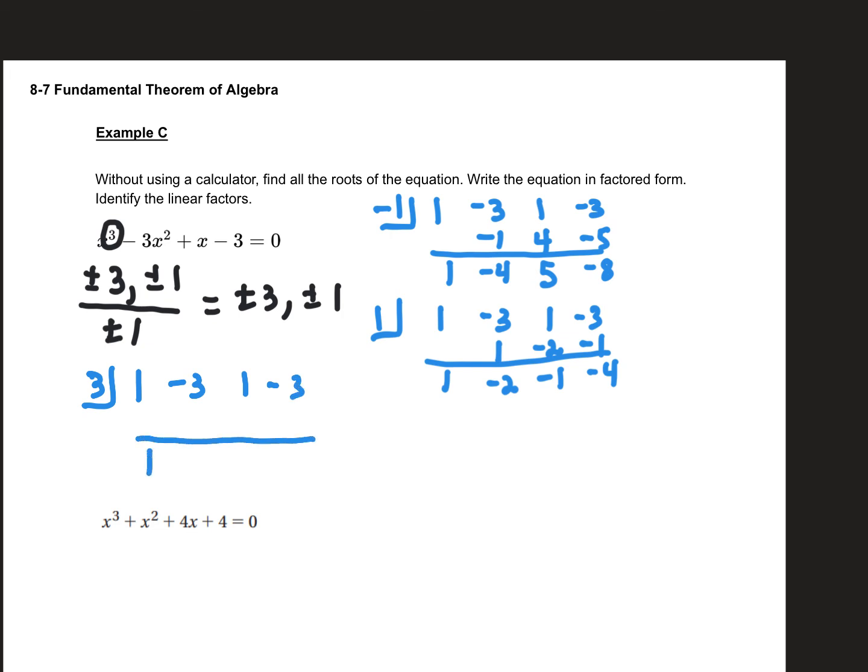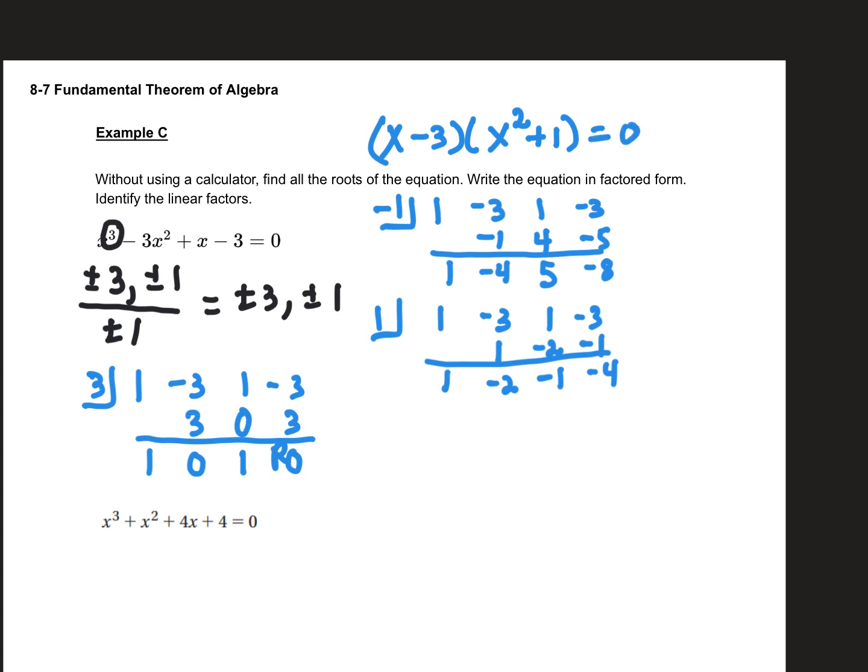So we bring down the 1. 3 times 1 is 3. -3 plus 3 is 0. 3 times 0 is 0. 1 plus 0 is 1. 3 times 1 is 3. -3 plus 3 is 0. So we found the first factor, which is x minus 3. And our remaining factor is a quadratic, x squared plus 1.